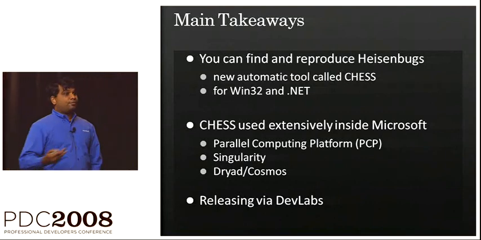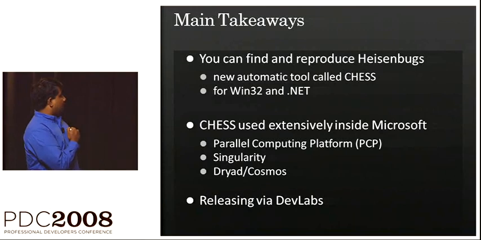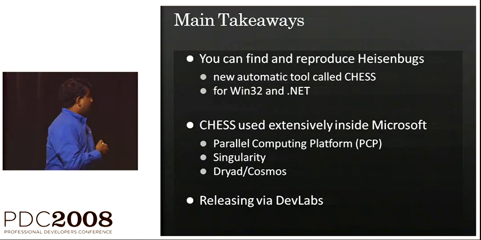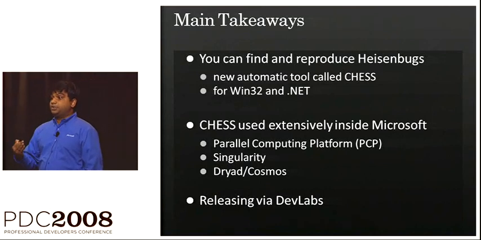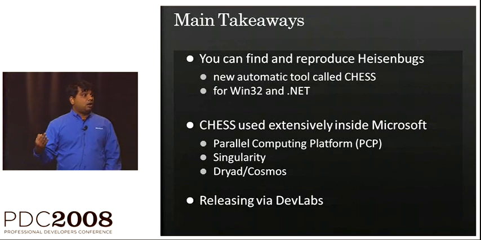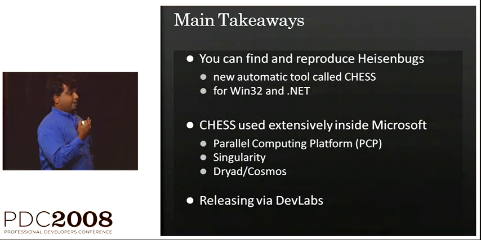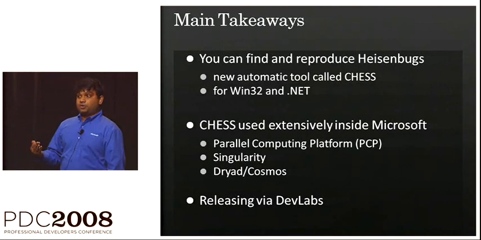We have a lot of product adoption inside Microsoft. You'd have heard some of these products already. You've heard from the parallel computing platform PCP that produces things like PLINQ, TPL. They are customers of Chess. You heard of Singularity Operating System, which is a research operating system from Microsoft Research.